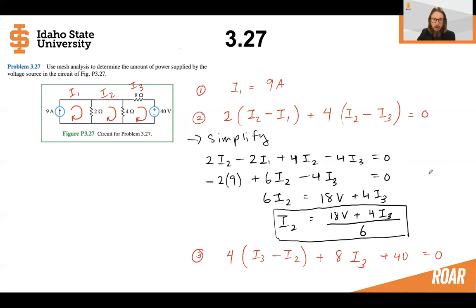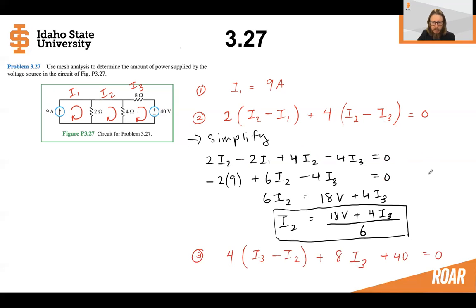So now we have 3 equations and 3 unknowns. So let's solve them. In the videos, you've seen some ways that you could solve this using matrix analysis, but I'm just going to solve this using basic reduction. First, I'm going to solve for I2 using equation 2.